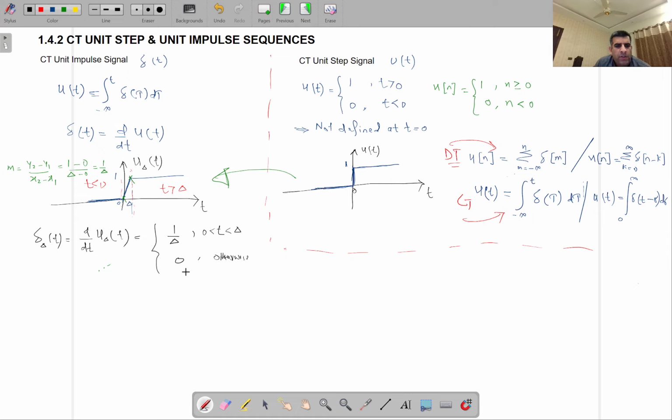Okay. So let's try to plot this impulse delta t now, which is basically this particular thing which we have defined over here. Okay. So we plot the axis first.